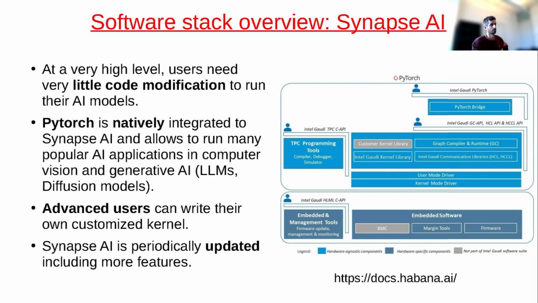So you can use PyTorch, and that's fine. This Synapse AI is updated periodically, and they include more features. Intel Gaudi also works with the industry, so they are trying to update PyTorch and all this software stack.